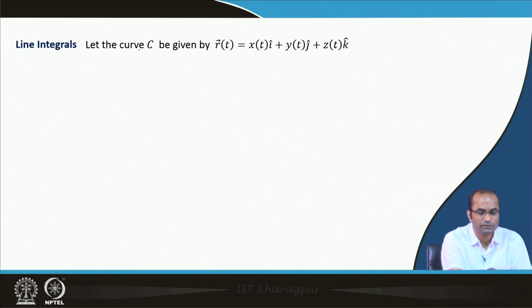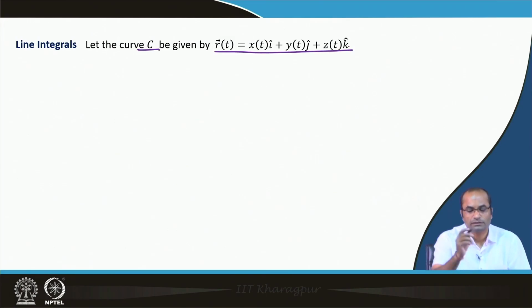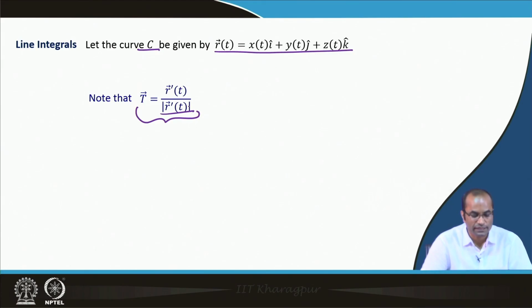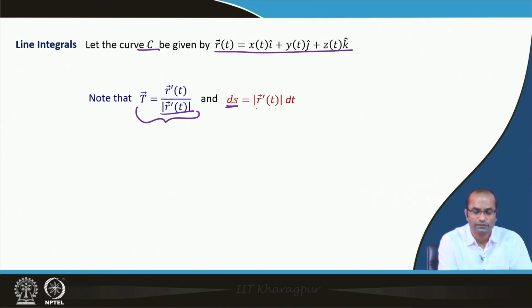Suppose this curve C is given by the vector function x(t), y(t), z(t). Note that we have already learned that the unit tangent vector can be expressed in terms of the derivative of r. The derivative of r divided by its magnitude gives the unit tangent vector, and ds, the arc length, we learnt in the very first lecture, is the magnitude of r prime t multiplied by dt.